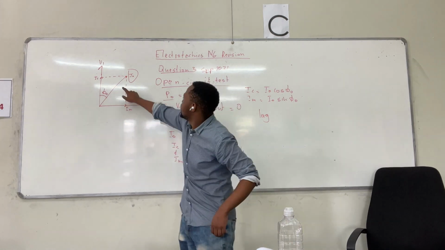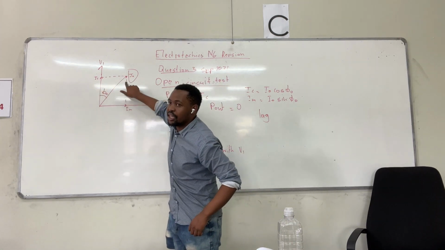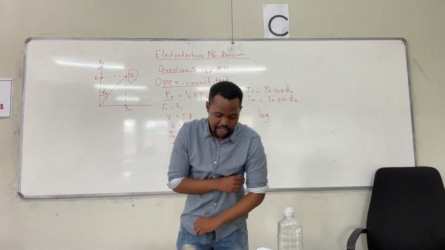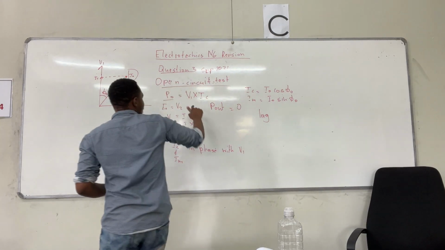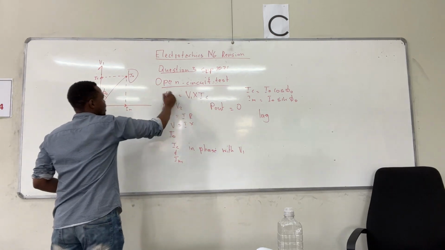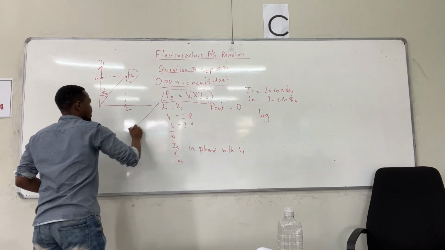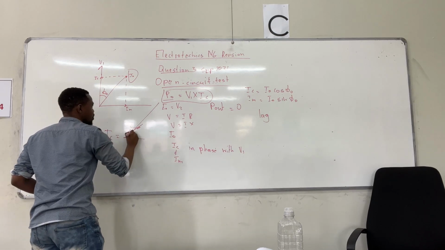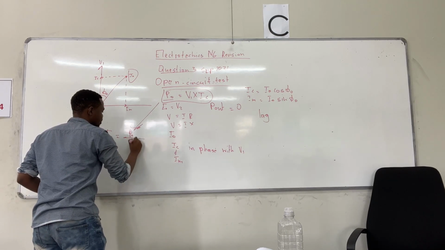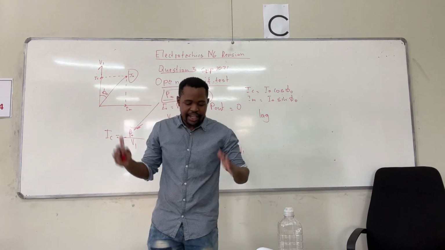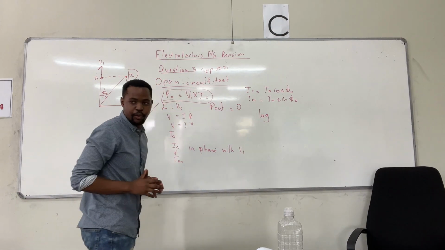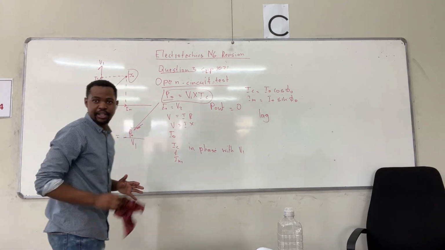This is basically using Pythagoras. You can also manipulate it and get IC, which is P naught over V1. Now let us go to a transformer on load.